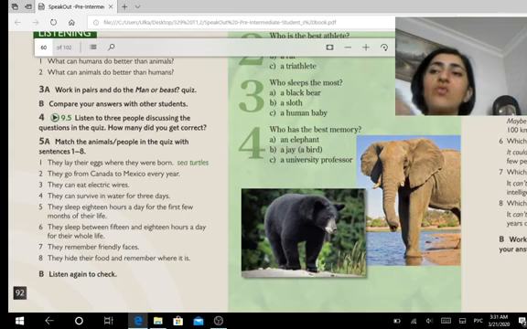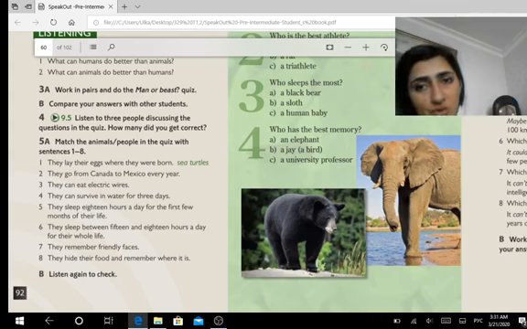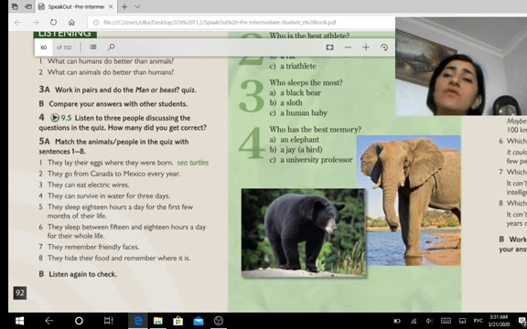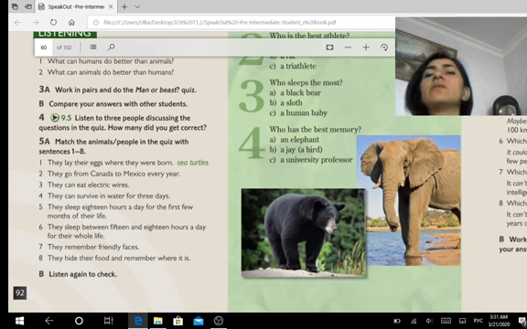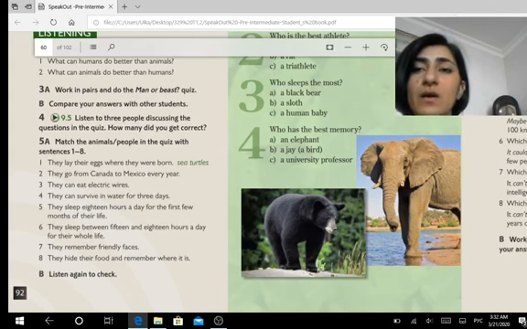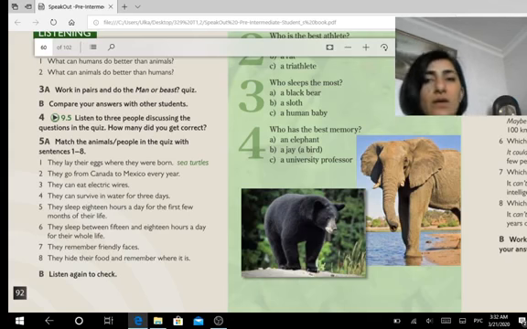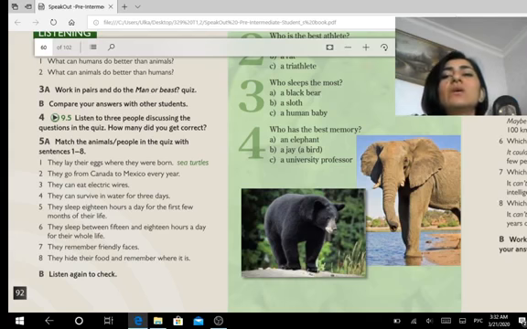There are different kinds of animals like elephants, rats, bees, and others, and also humans. Number 1 is given. It's sea turtles. And what about 2? What about 3? To find out the answers, you have to listen carefully and write down your answer, the animal or human, next to your sentence.